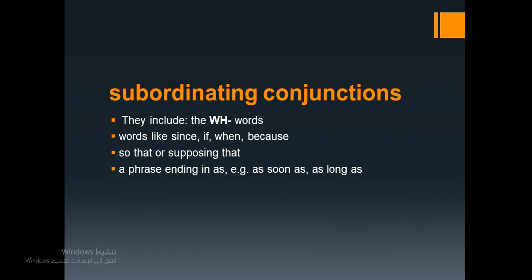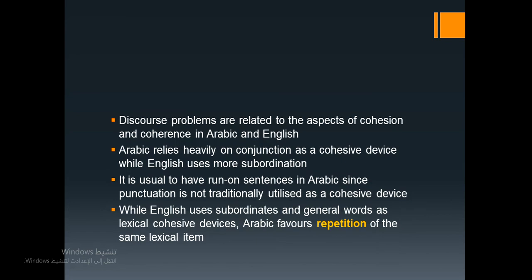Here are the subordinating conjunctions in English, such as WH words like since, if, when, because, so that, supposing that, or phrases ending in as, such as as soon as, as long as. You have to be careful that it's usual to have run-on sentences in Arabic, since punctuation is not traditionally utilized as a cohesive device.